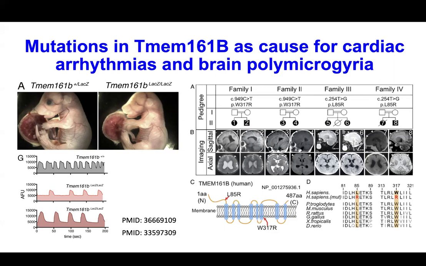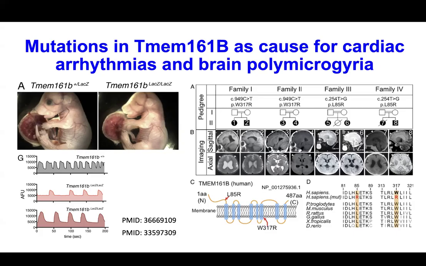And they traced the family tree and used exome sequencing and identified a mutation in the human homologue of the C. elegans ERGO1, TMEM161B, and the mutation happens at a highly evolutionarily conserved residue of the protein.